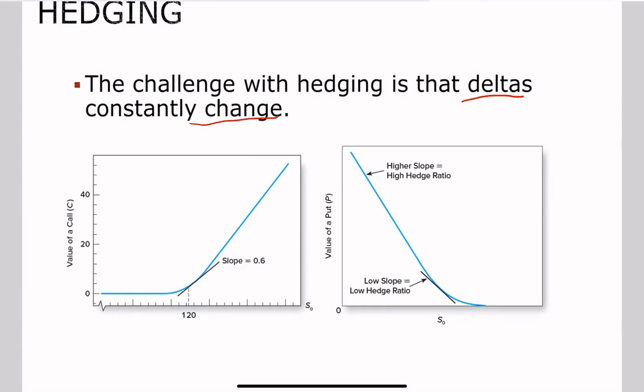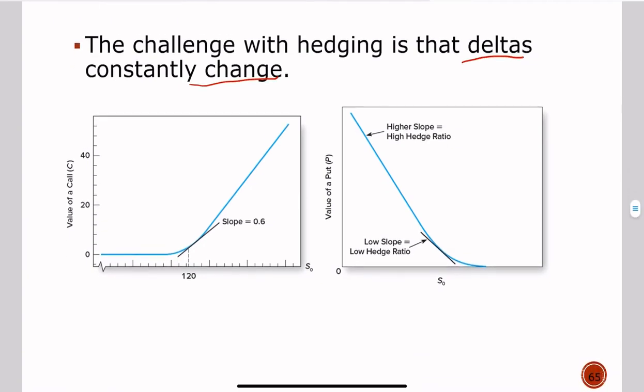And what you can see here is, if you look at the left-hand side, it tells you how the value of a call changes if stock price changes. So the slope of this curve gives you the hedge ratio.